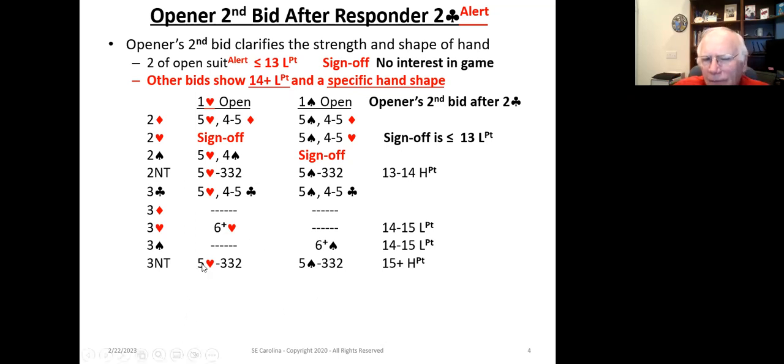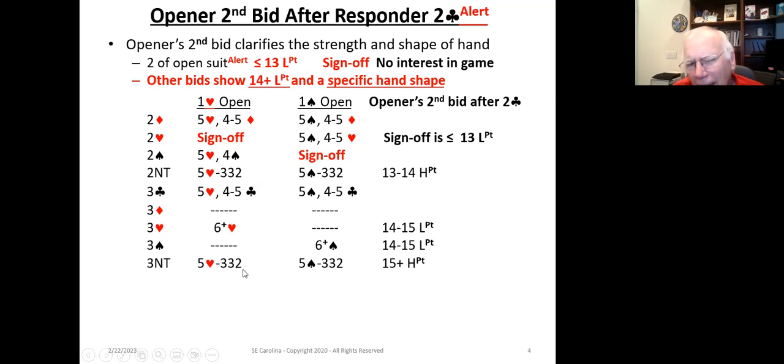So if you've got 5, 3, 3, 2 shape, after your partner bids 2 clubs, initiating Drury, you're going to jump to 3 no trump. And then the responder is the one that's going to make the decision as to whether you should play in 3 no trump or go to 4 hearts or 4 spades. The reason for that, the 5, 3, 3, 2, is we consider that a flat hand.